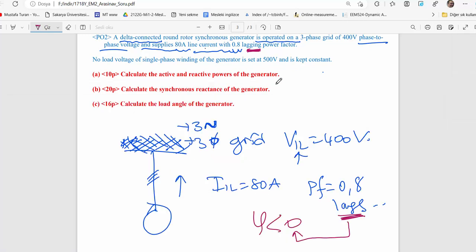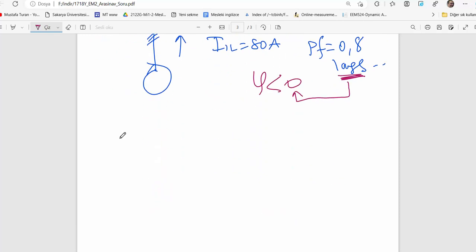And keep reading. No load voltage of single phase winding of the generator is set to 500 volts. What does it mean?